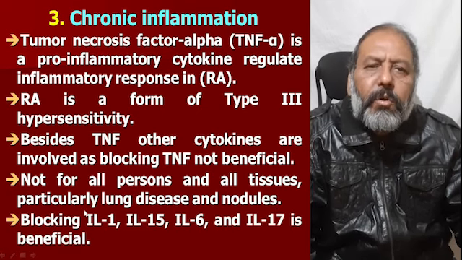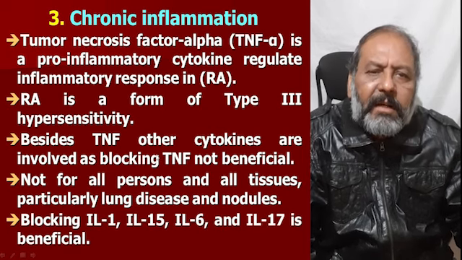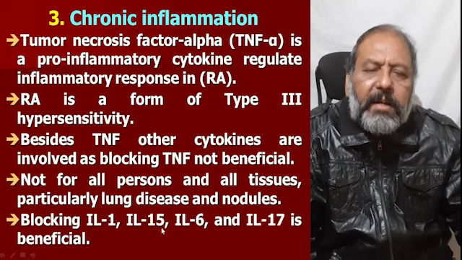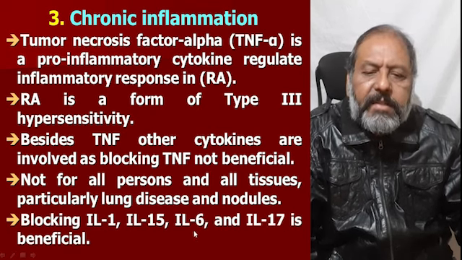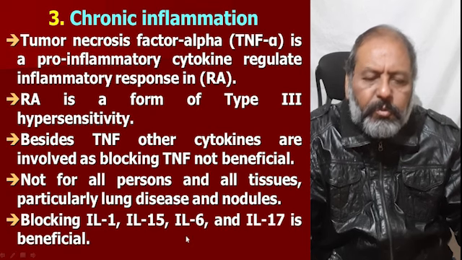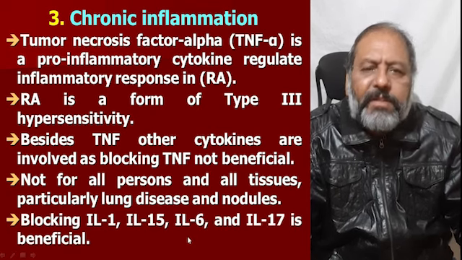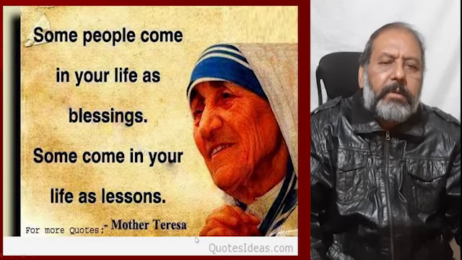So we are going to block the other factors which are responsible for causing rheumatoid arthritis, and these cytokines are IL-1, IL-15, IL-6, and IL-17. That is beneficial to block all these so that one can stop the changes in the other organs of the body besides the joints.